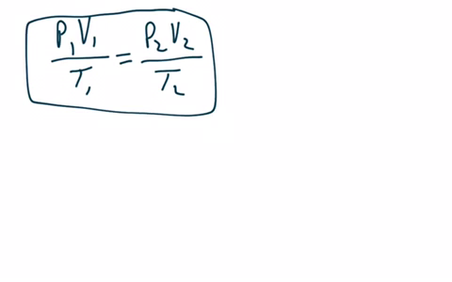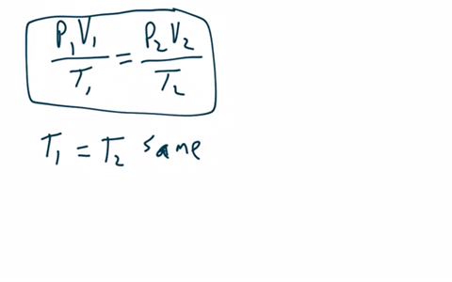Think about this. In Boyle's Law, the constant is temperature. That means that if temperature is constant, the value of T1 and the value of T2 are the same. Mathematically, they're on opposite sides of an equation.